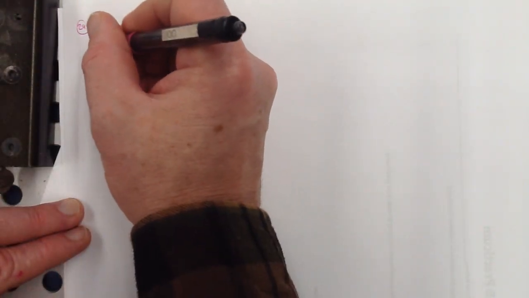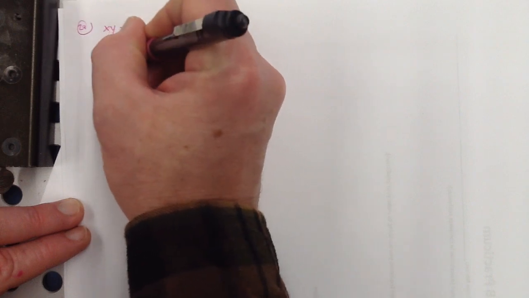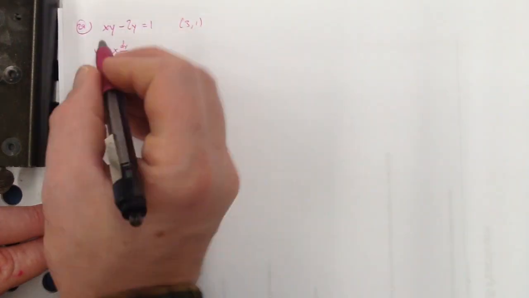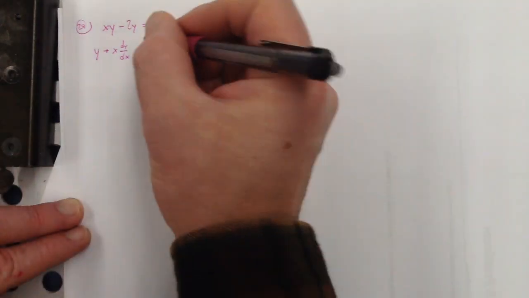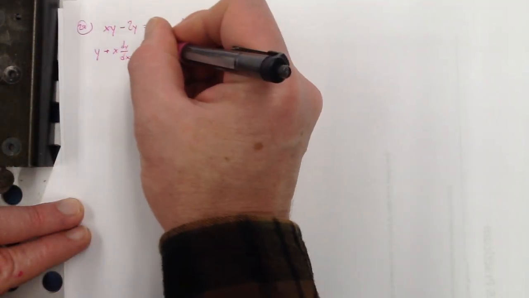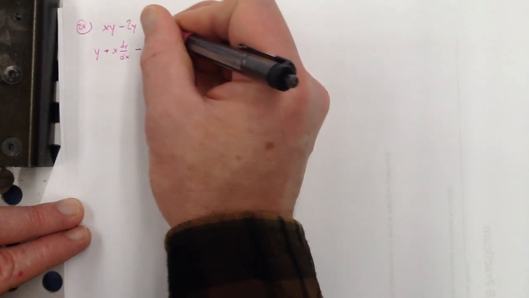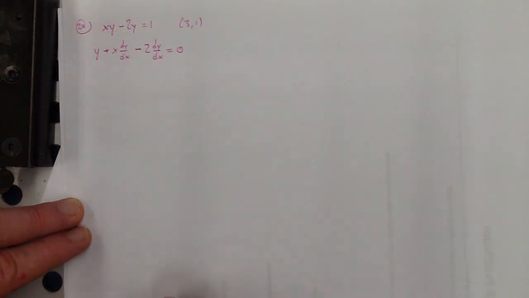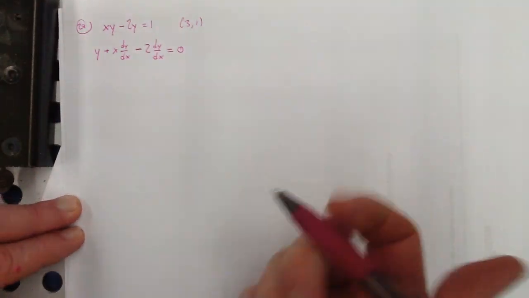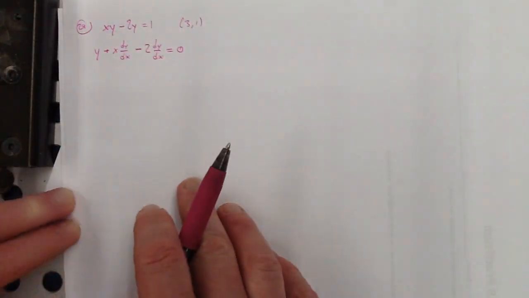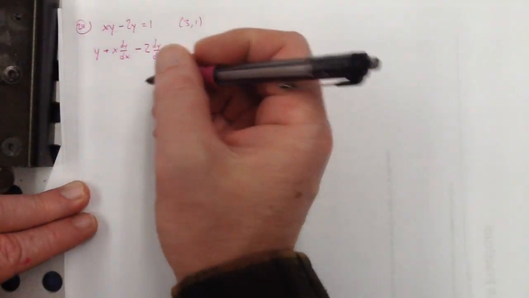Okay, so derivative of x times y: derivative of the first times the second, plus the first times the derivative of the second, that's product rule applied to that, minus 2 dy dx equals 0. Same deal as before. You could solve for dy dx and then plug this in, or you could just plug it in now. It's up to you.